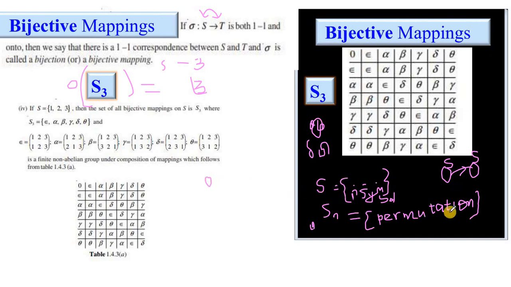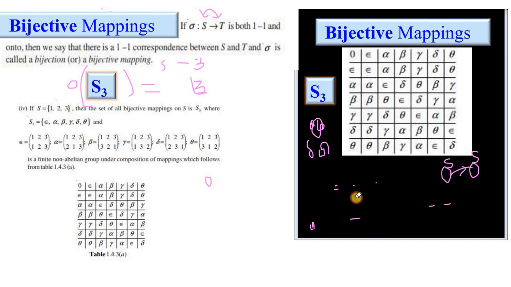Here we define the composition as follows. Suppose I want to find alpha composition beta. I will write the elements of the domain, 1, 2, 3, in the first row. Then from left to right is the direction of the operation.